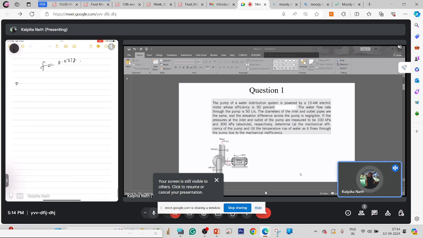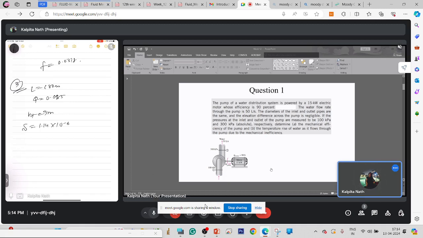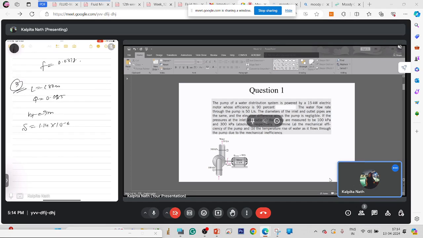Now, in a similar way, we have another question. L is given as 180 meter, Q is given as 0.085 meter cube per second, and HF is given as 9 meter. Nu is given as 1.14 into 10 to the power minus 6, and epsilon is given as 0.15 millimeter.